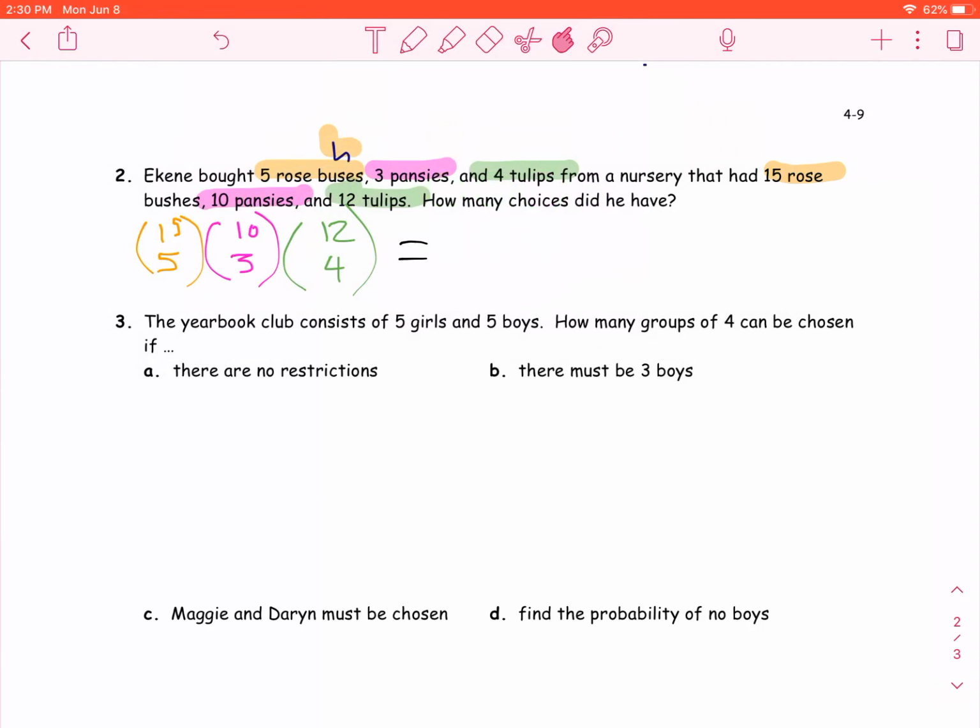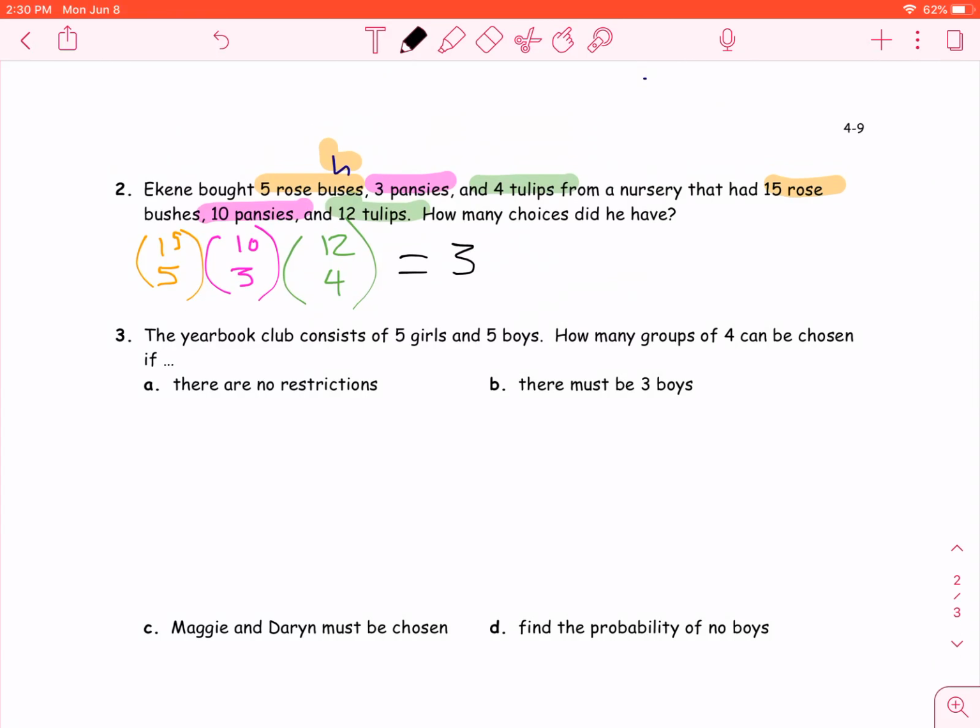Okay, so we can start with the rose bushes. Again, 15, Shift, nCr, choose 5. So you get 3003. That represents your orange. I'll just do the next couple for you: times 120, times 495.